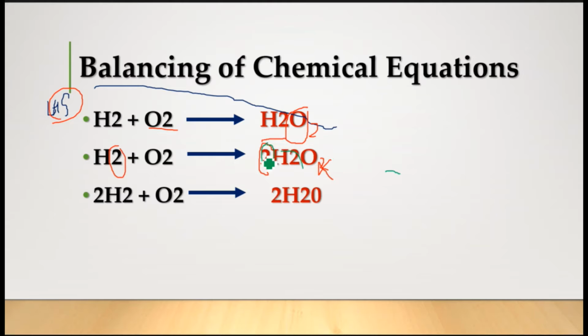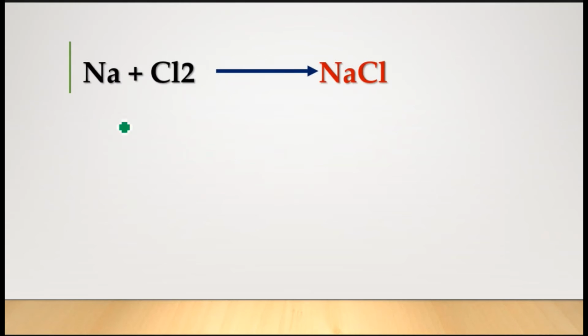But what about hydrogen? Hydrogen is now 4. So here also we need to balance on the LHS. So we have also multiplied 2 with hydrogen and it is 4. So finally our equation is balanced.